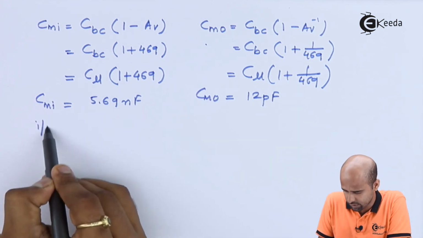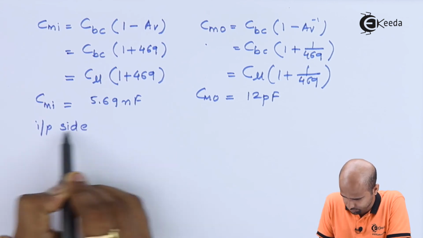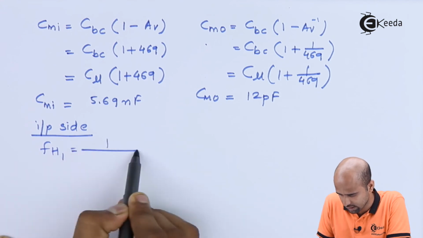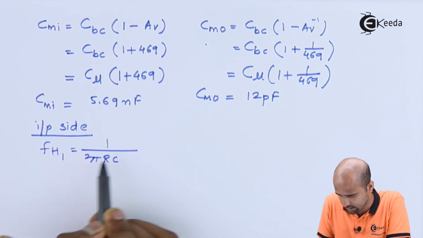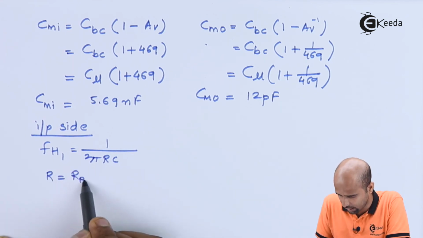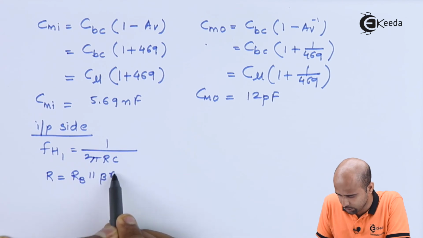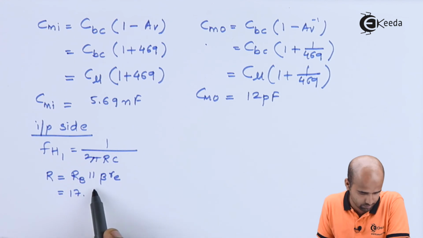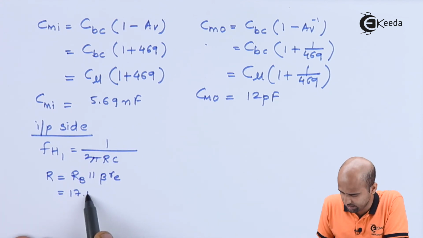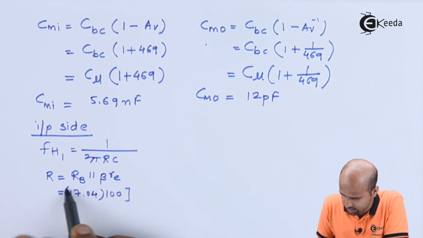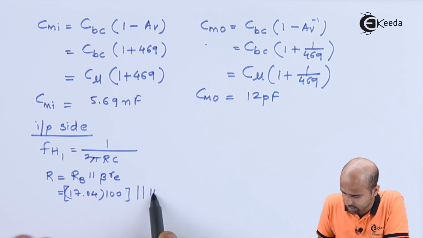We'll take input side first and calculate the value of FH1, which is nothing but 1 upon 2 pi RC. We'll calculate the value of R here. R is nothing but RB parallel beta into RE. Beta RE is nothing but 17.04 multiplied by beta, that is 100, and this in parallel with RB value, that is nothing but 14.98 kilo ohm.